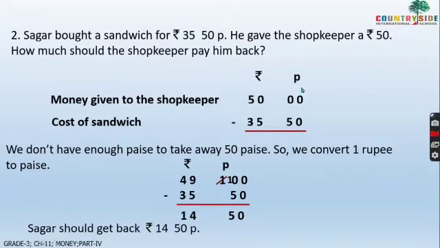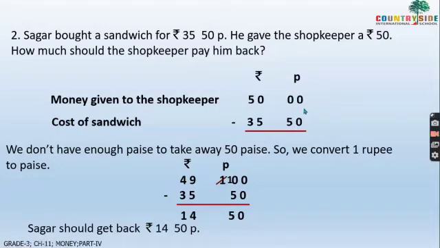Now you have to subtract 50 rupees 00 paise minus 35 rupees 50 paise. Now children, from 00 paise you cannot subtract 50 paise.